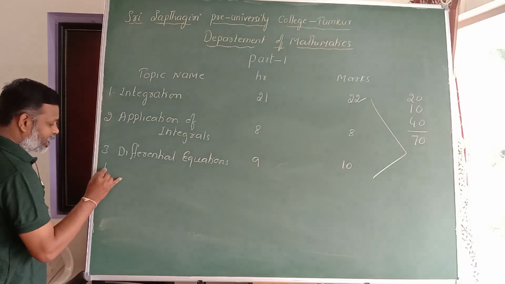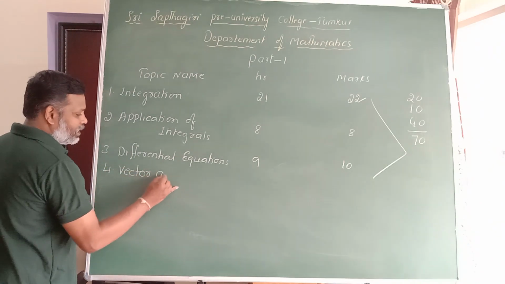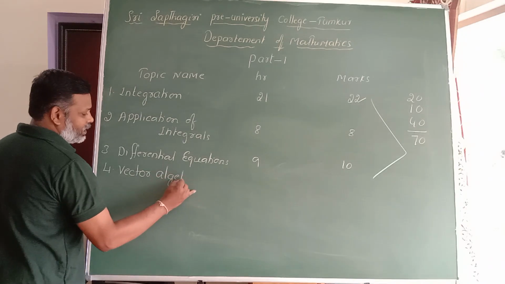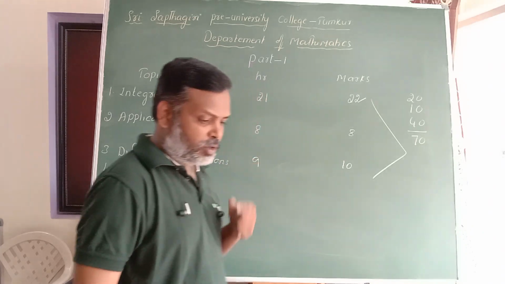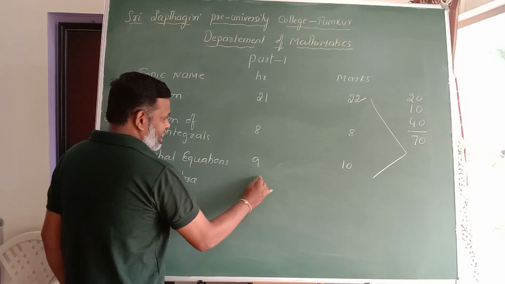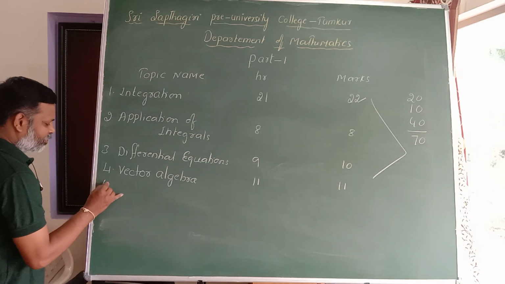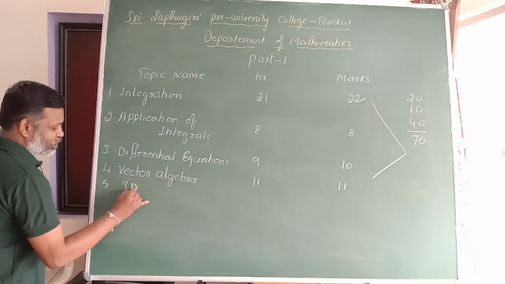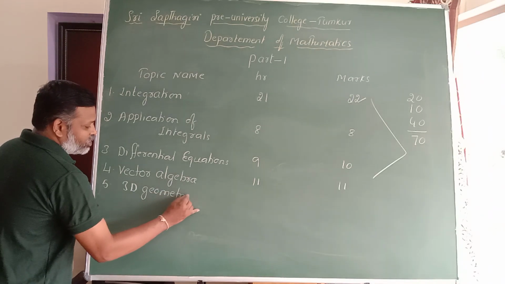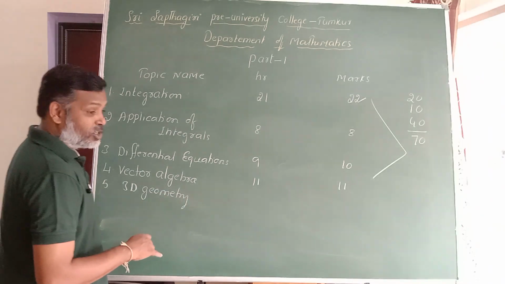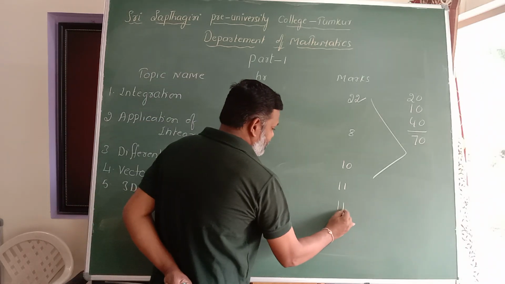Next, the fourth one is vector algebra. This is all very easy, you have already learned vector algebra. Vector algebra is 11 hours of teaching and carries 11 marks. The fifth one is 3D geometry, that means three-dimensional geometry. This topic is also carried from first PUC. It is 12 hours of teaching and 11 marks.